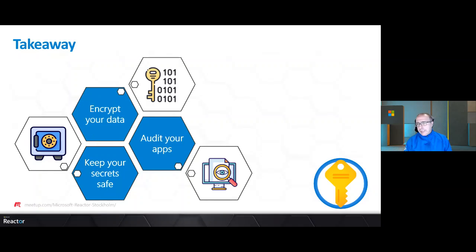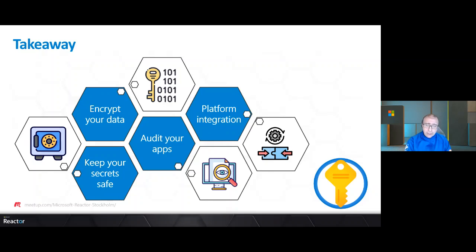Then encrypt your data. As I said, the data in KeyVault are encrypted. You have a platform integration from the storage using their template, hard disk encryption, the SQL transparent data encryption, DevOps, our template, app service. You can have a lot of integration.